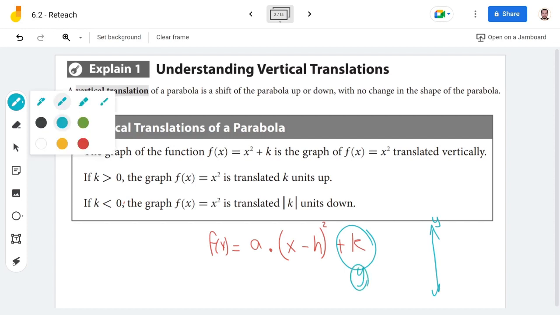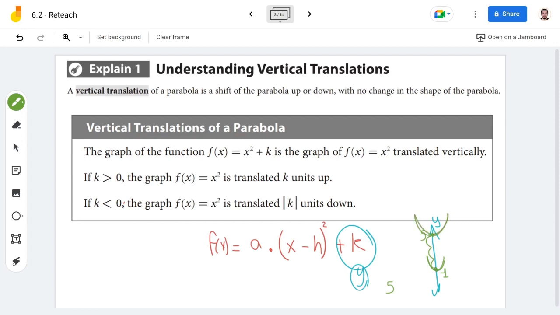Now if I have a graph like this, and let's say this point is 1, and k is equal to 5, that means I am moving the points up 5 steps, so my graph will be like this.